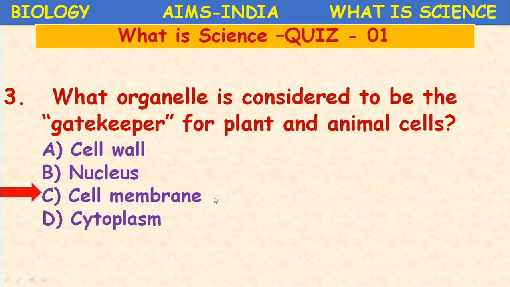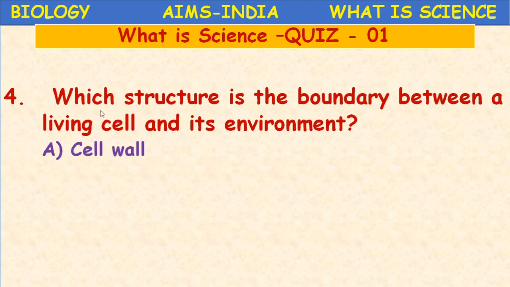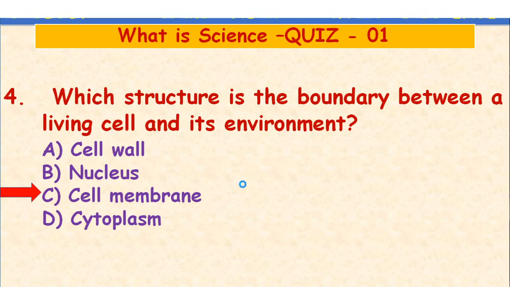It does not give permission to every particle or substance to pass through, so it acts like a gatekeeper. Next, which structure is the boundary between a living cell and its environment? Cell wall, nucleus, cell membrane, cytoplasm. Here again, cell membrane.